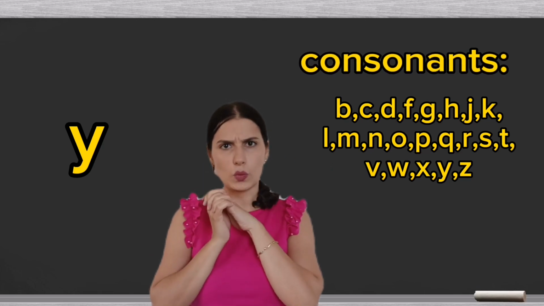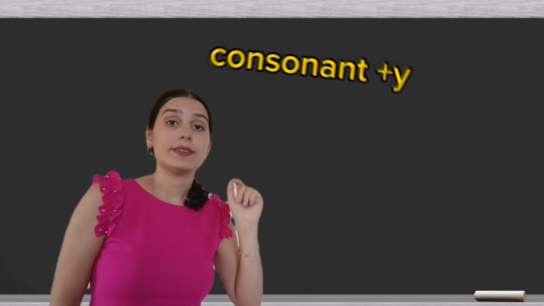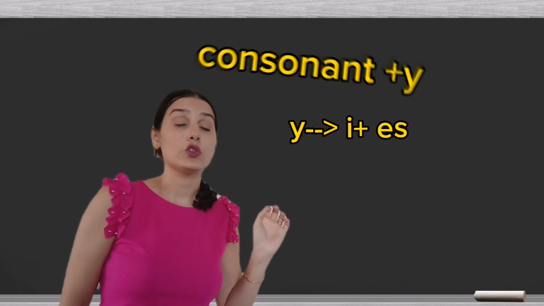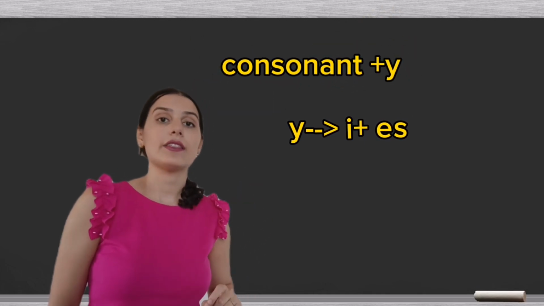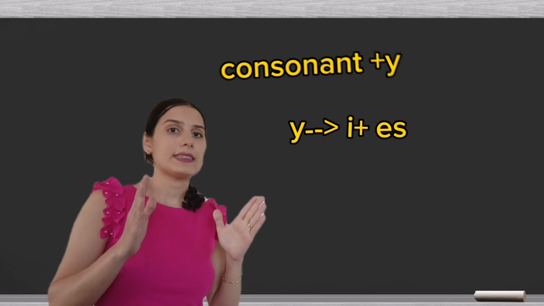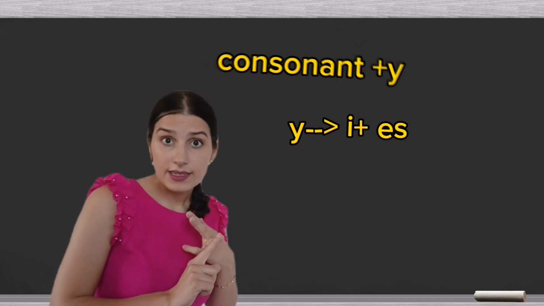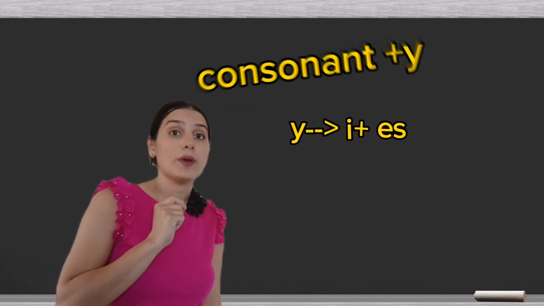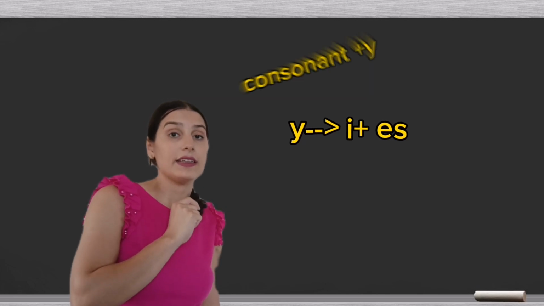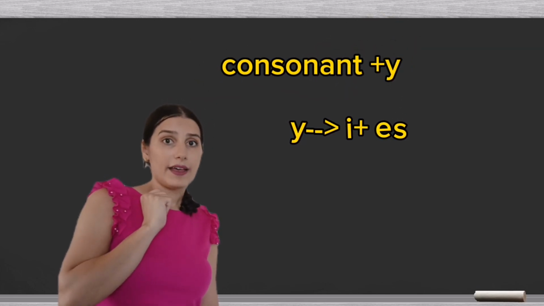What should we do? We should change Y to I and add ES in the third person singular. It means with he, she, and it, we change Y to I and we add ES at the end of the verb. Let's have an example.